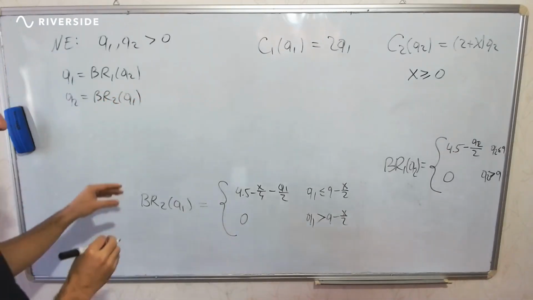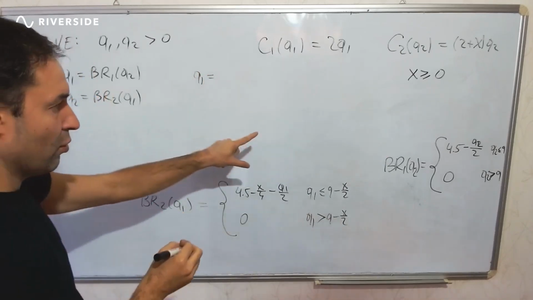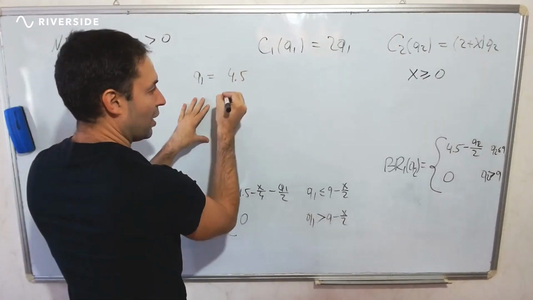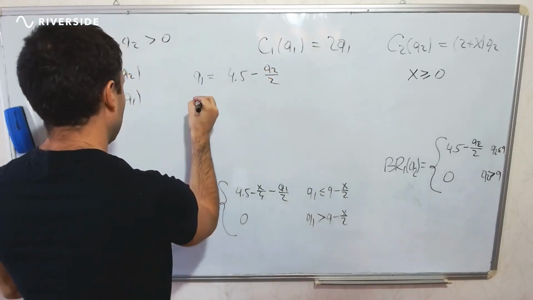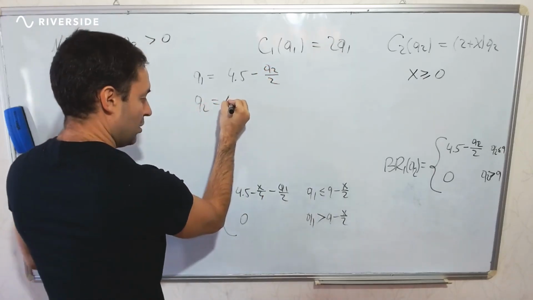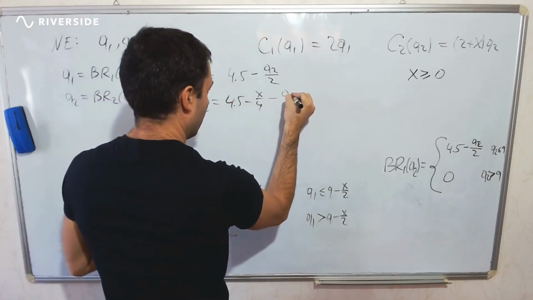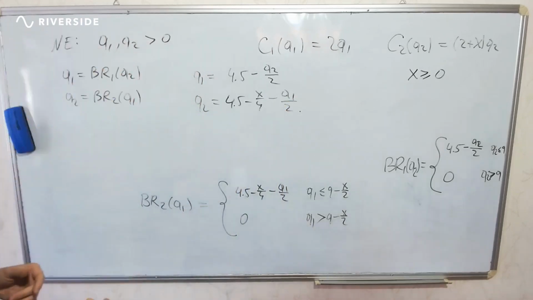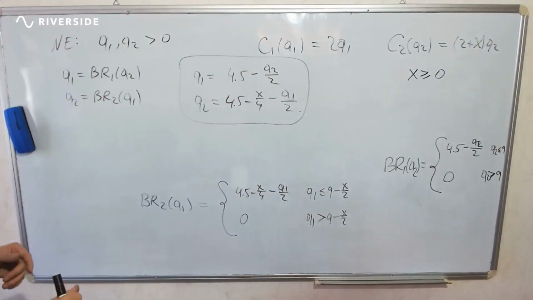So we solve two equations here. Q1 equals the best response of firm 1, 4.5 minus Q2 over 2, and Q2 must be 4.5 minus x over 4 minus Q1 over 2. So this is the system of equations that needs to be solved.